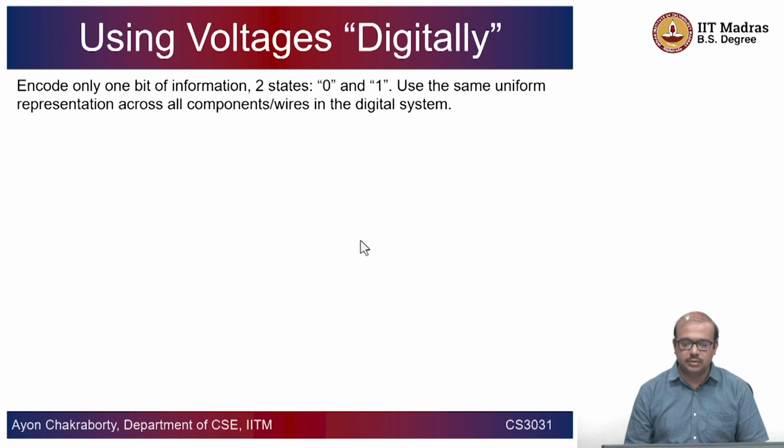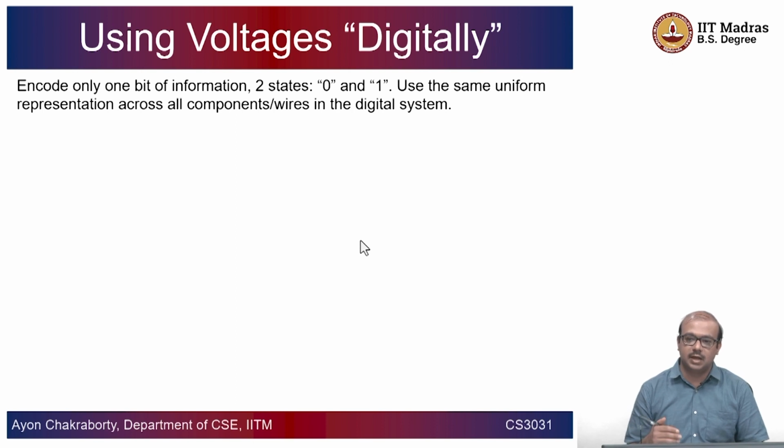And we use the same uniform representation across all the components in the digital system. This is very important. Whatever convention we create for this nomenclature has to be uniform across all the digital components in the system, because otherwise there will be a state of confusion.